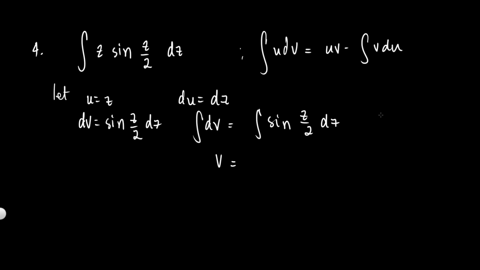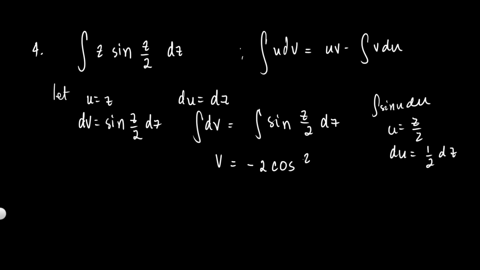Cosine, no? So, here, what form? Sine u du. So, u is z over 2. The du is 1/2 dz. So, you have a 1/2 factor. So, we need to put a 2 outside, no? Okay? So, this is minus 2 cosine of z over 2.